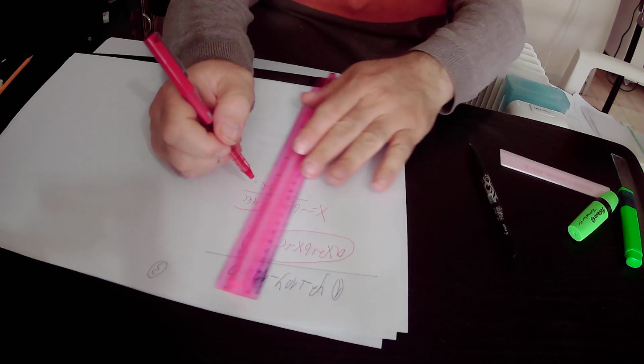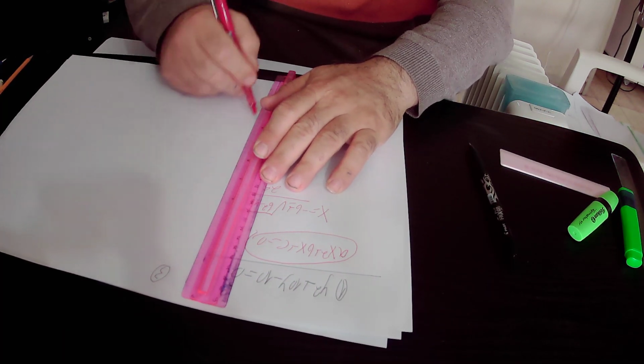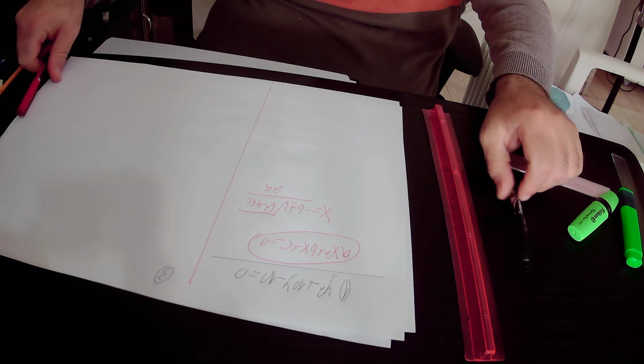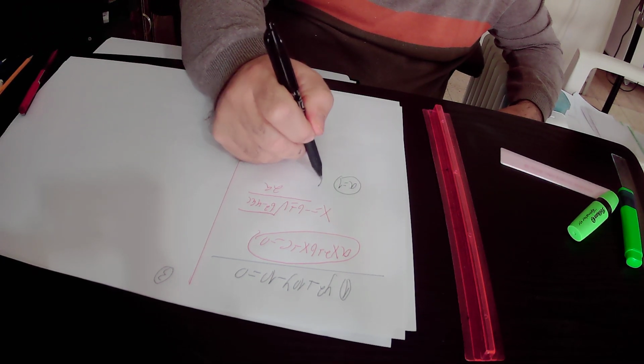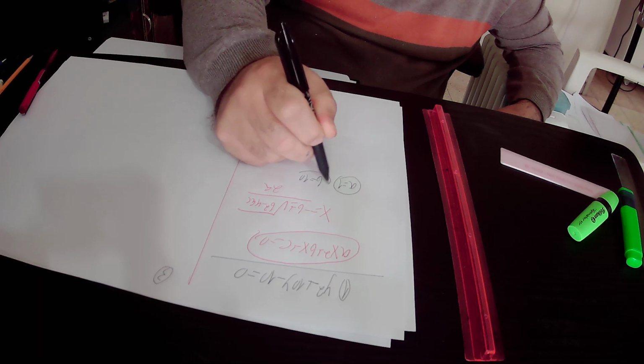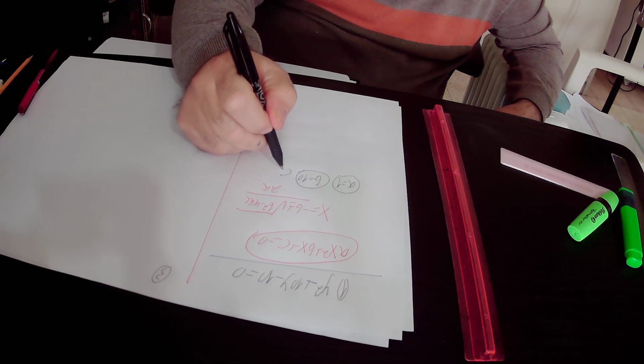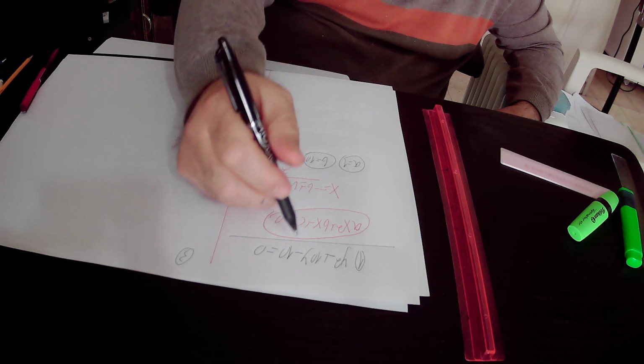Okay. In our specific quadratic equation, the coefficient a is equal to 1, the coefficient b is equal to 10, and the coefficient c is equal to minus 24 actually.